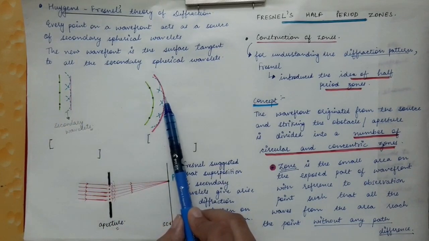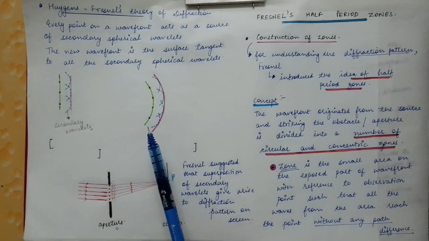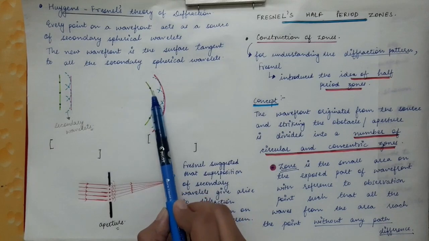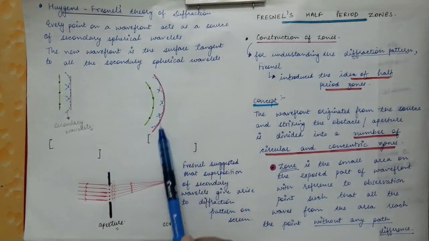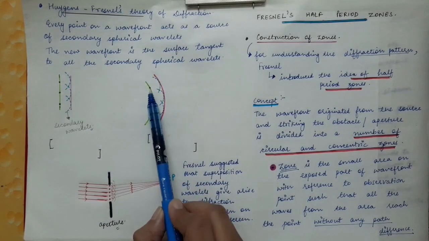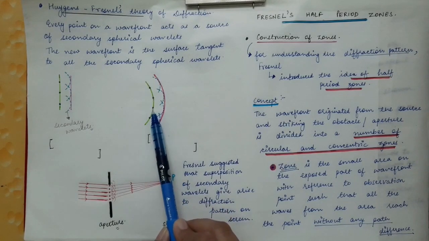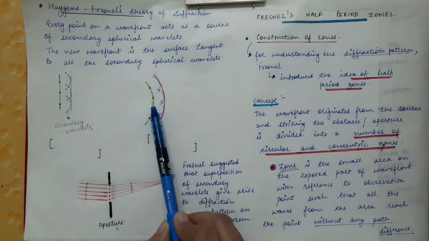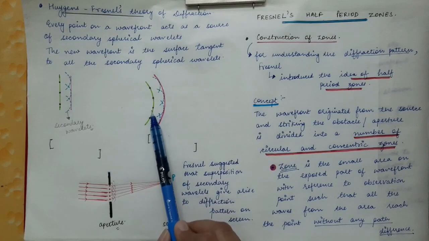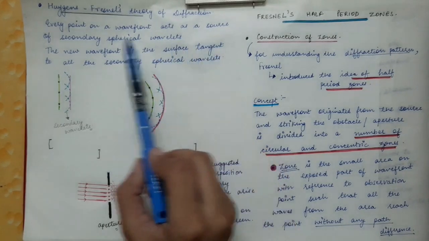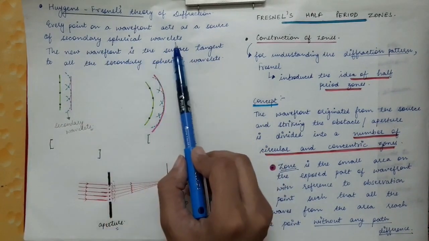Now a similar thing happens for the spherical wavefront also. So this is the primary spherical wavefront. Now every point on this wavefront, we have drawn 4 points, will act as a source of secondary spherical wavelets.